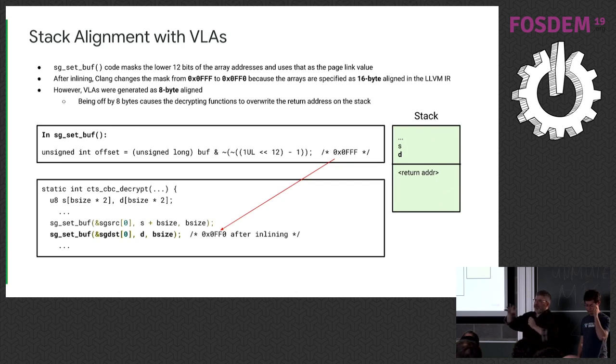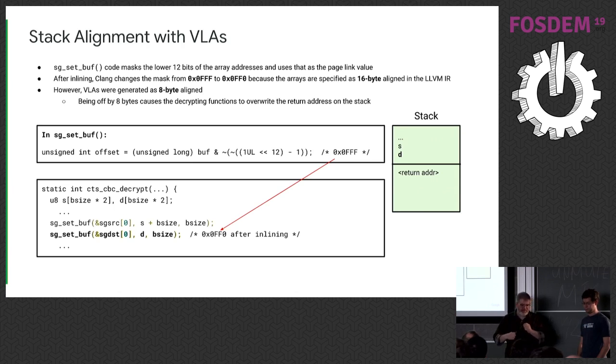I whittled the test cases down, and I found out that in one of the crypto library .o files, if you compiled it with O1, everything went fine. If you compiled it with O2, everything crashed. It had to do with inlining, actually. And it wasn't a bug in Clang, which is what I thought initially.